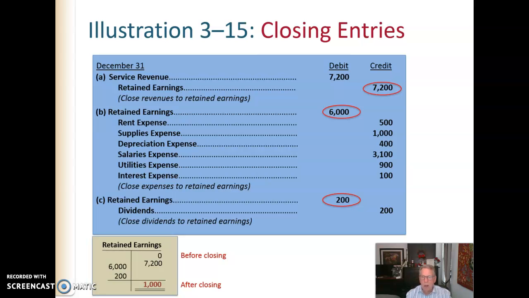So if I look at retained earnings, it had a balance of zero in the beginning. We've credited it up here for $7,200, and we've debited retained earnings in this T account for $6,200. That leaves us a balance in retained earnings of $1,000 after we do these closing entries. Okay.